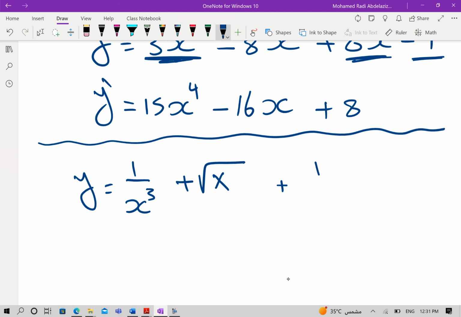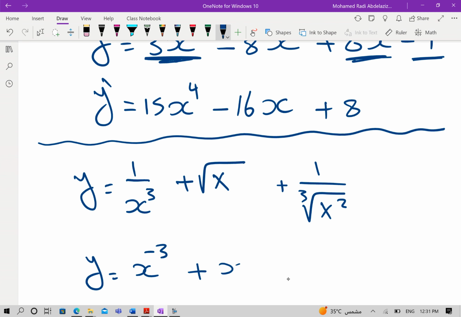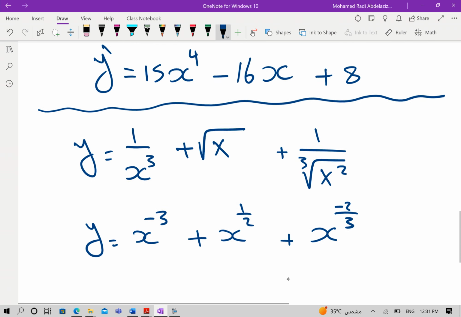If we have 1 over the cubic root of x squared, you have to write it first in the form of x to the power of n. So before differentiating, the first one will be x to the power of negative 3. The second will be x to the power of half. And the third will be x to the power of negative 2 over 3.